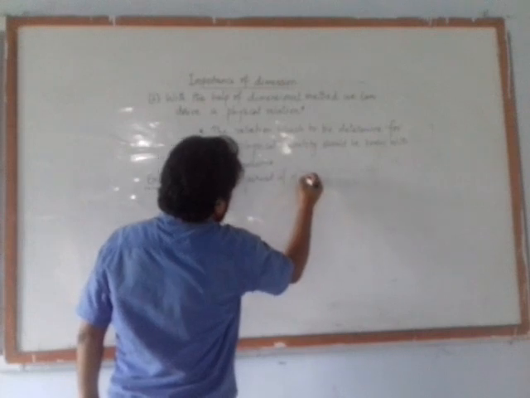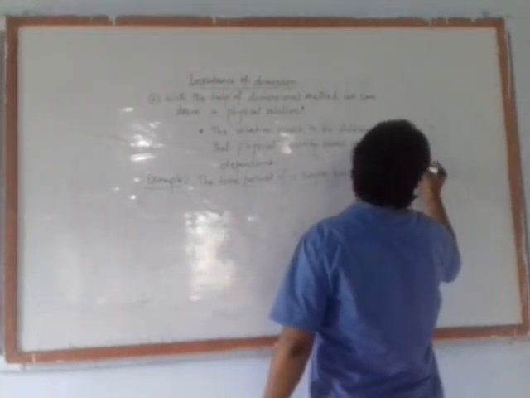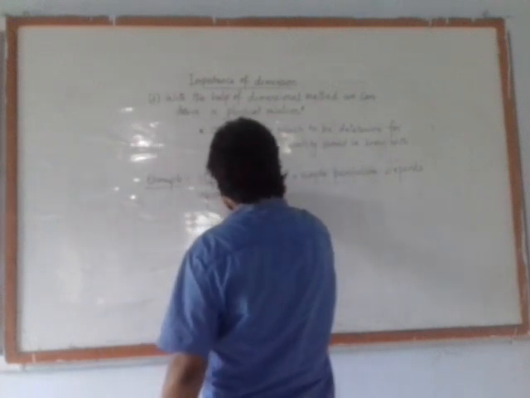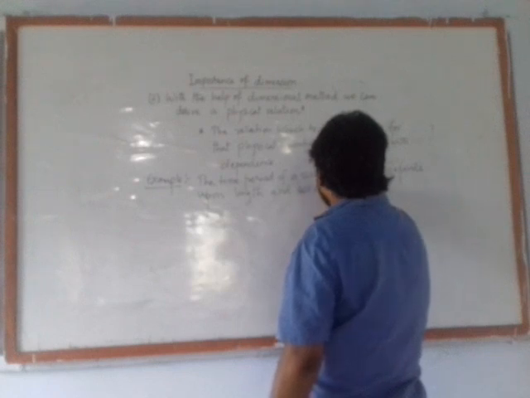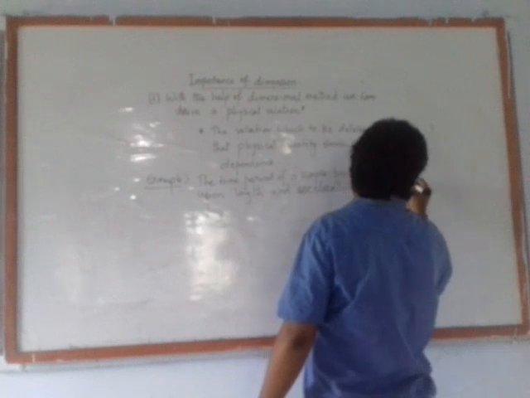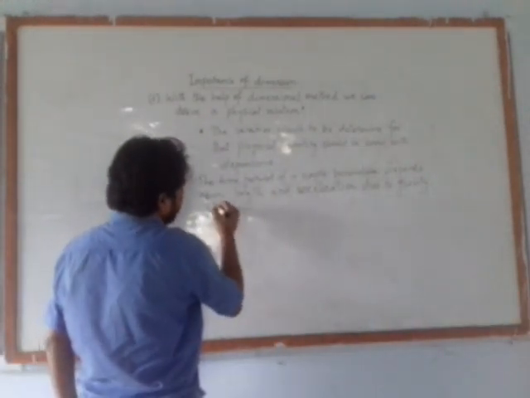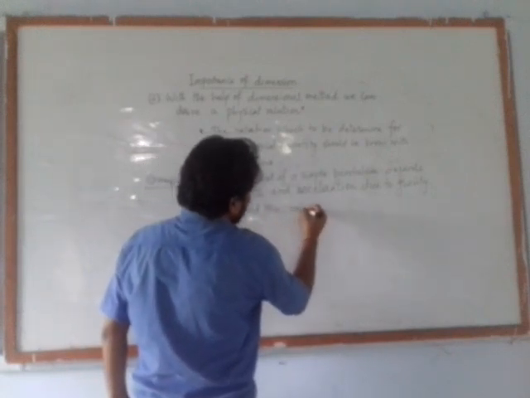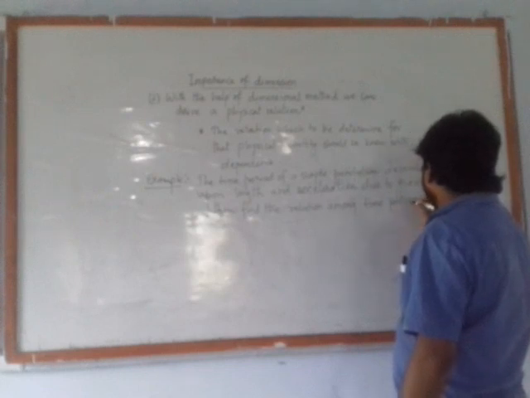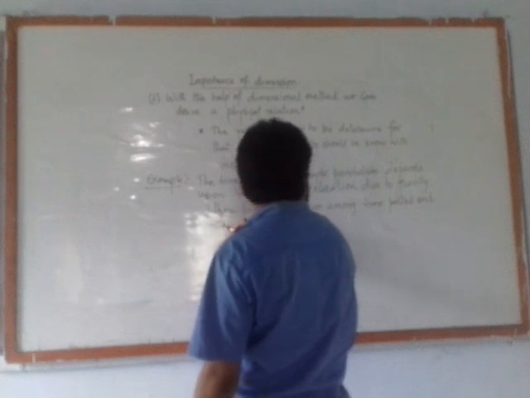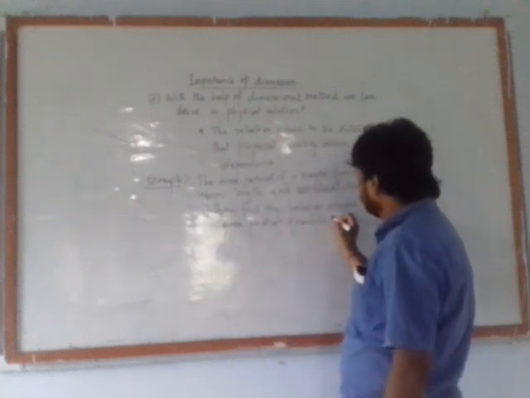the time period of a simple pendulum depends upon length and acceleration due to gravity, then find the relation among time period and the given physical quantities. Okay, this is the question.